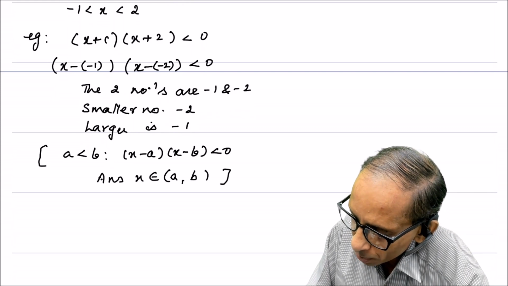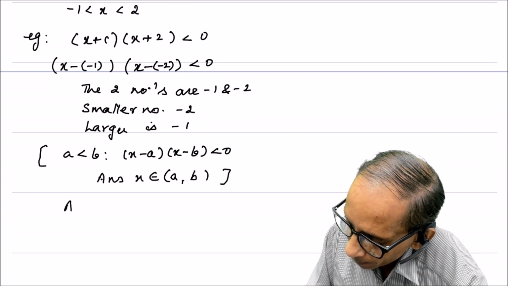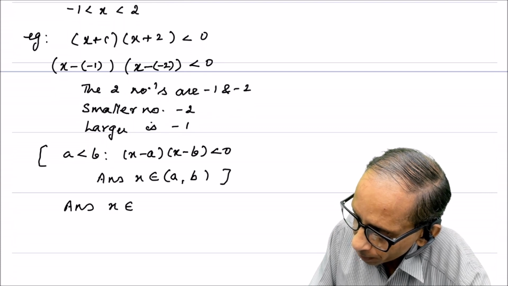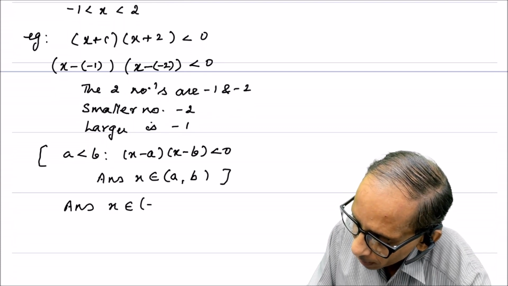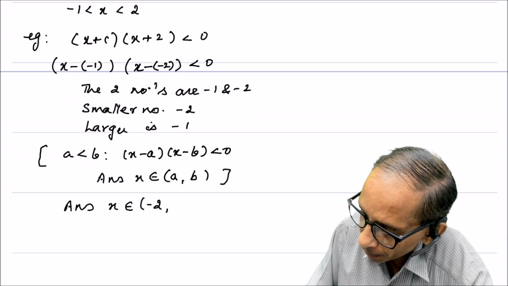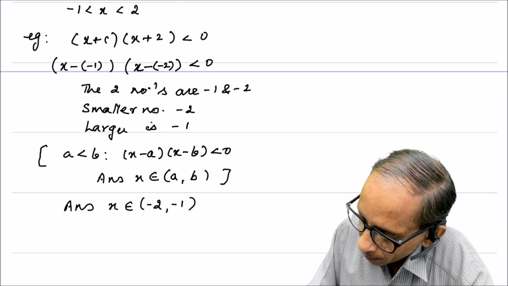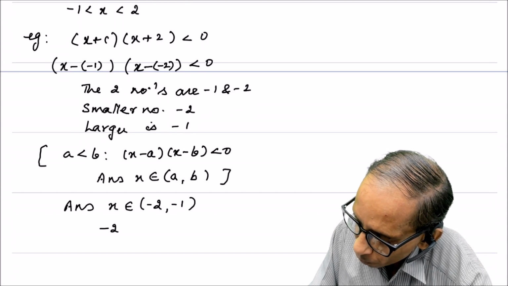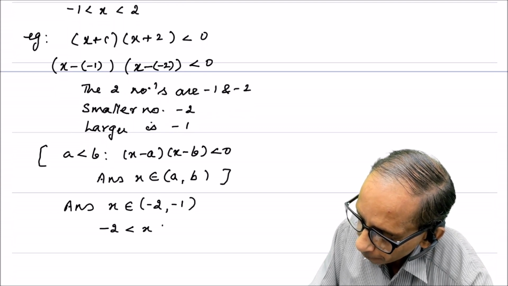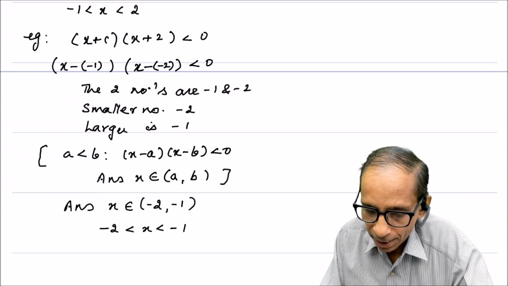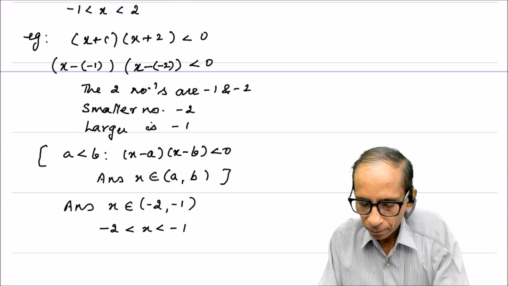So by this logic, we find that here the answer should be x belongs to the interval starting from the smaller number minus 2 to the larger number minus 1. Or we may write the solution also in this particular format: minus 2 less than x less than minus 1.